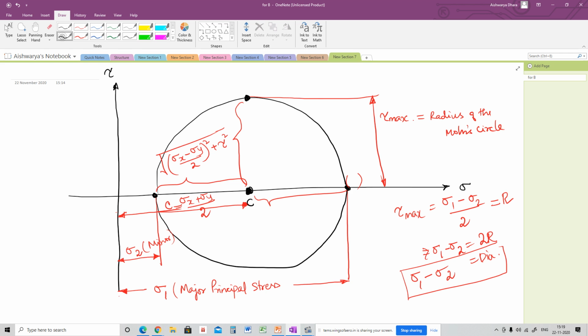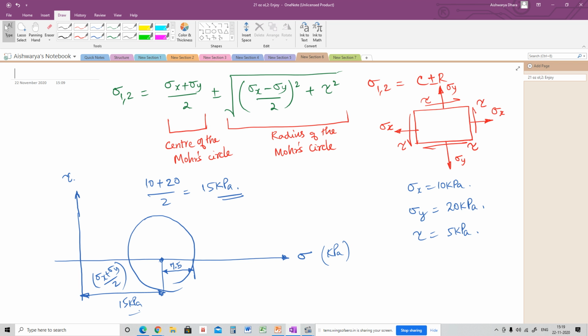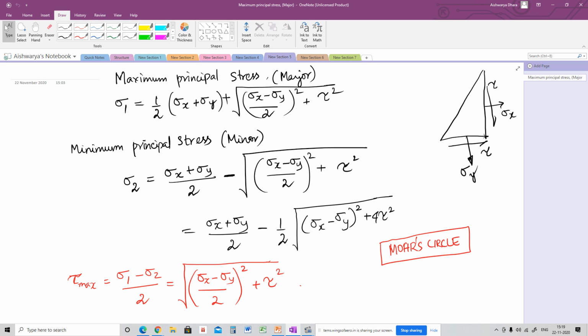Another important point. Tau max you have written as sigma 1 minus sigma 2 divided by 2, equals the square root of sigma x minus sigma y by 2 whole square plus tau xy square.